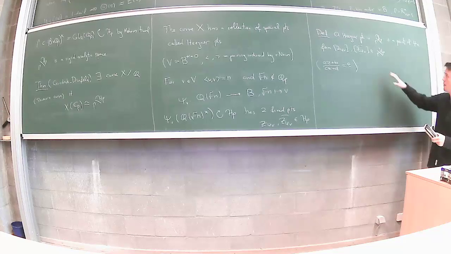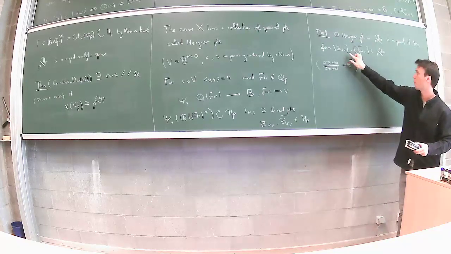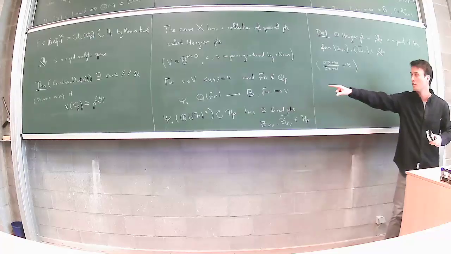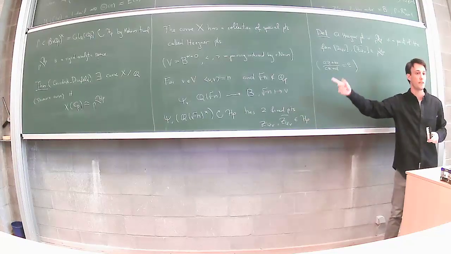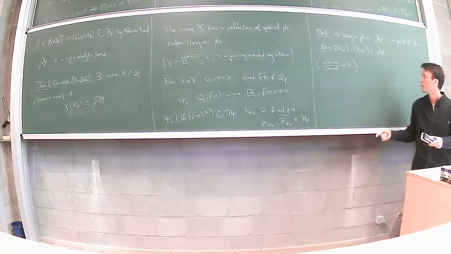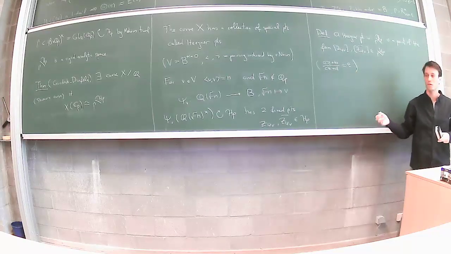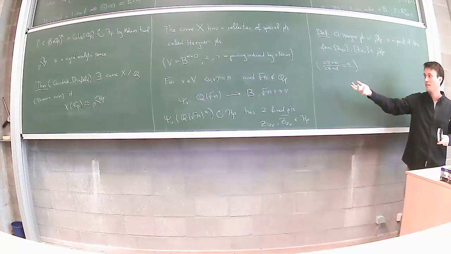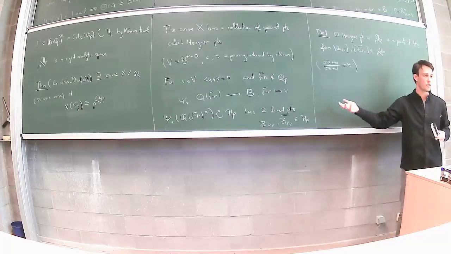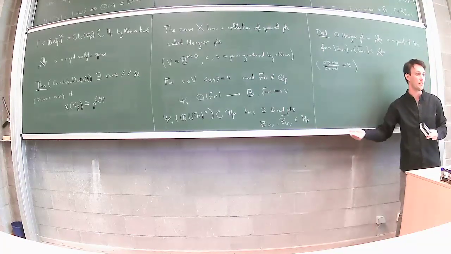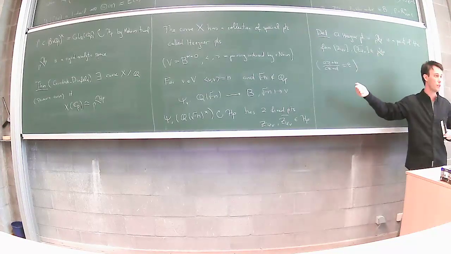Okay, and maybe at this point it's worth saying, for the people familiar with Shimura curves, that they have a modular interpretation. And these points are special in the sense of the modular interpretation. So Shimura curves in this case parameterize certain abelian surfaces with multiplication by this order in the quaternion algebra.